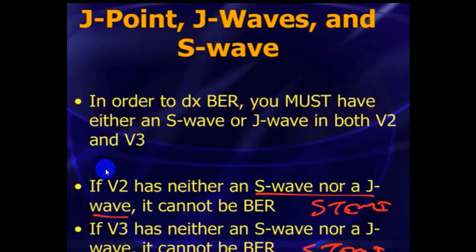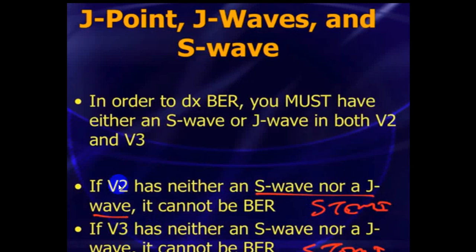If we say it the other way around, if in V2 there is no S wave or no J wave, it is least likely to be benign early repolarization. Always suspect STEMI. In the same way, look in V3 also, so you look in V2 as well as V3.